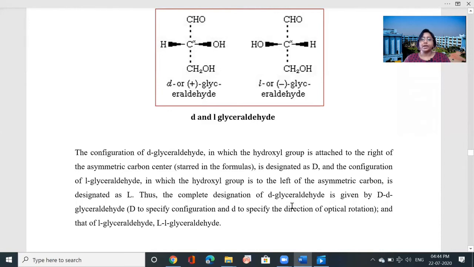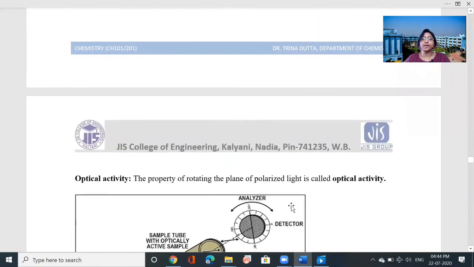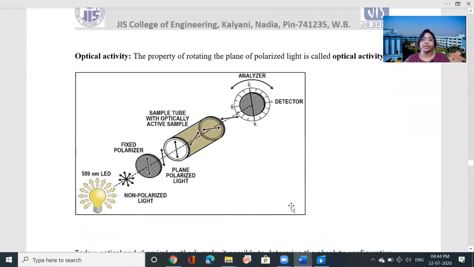Okay, now you have understood how to determine the D configuration and the L configuration. Now the optical activity you have learned before, in the first lecture. The property of rotating plane polarized light is called optical activity.